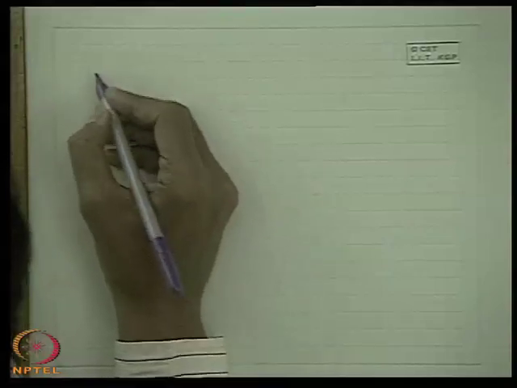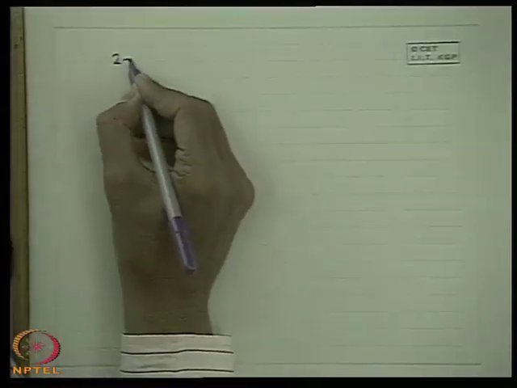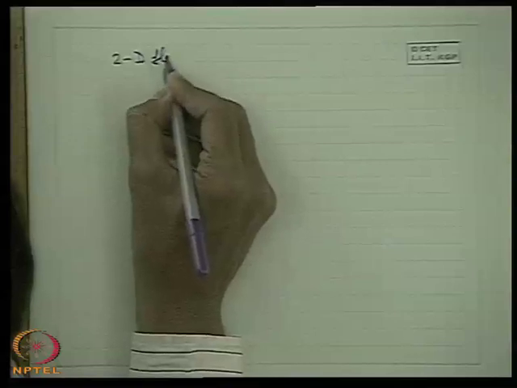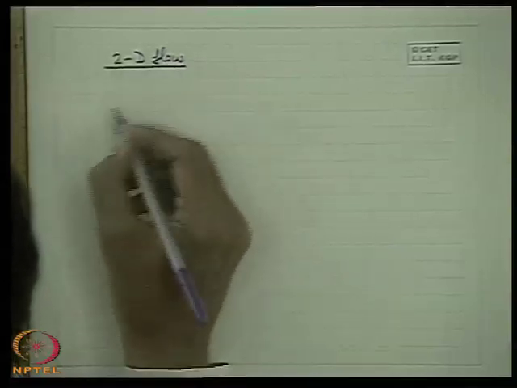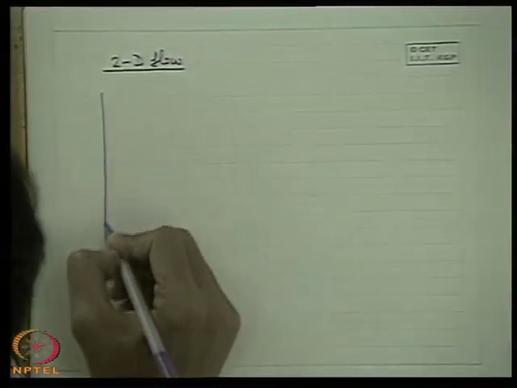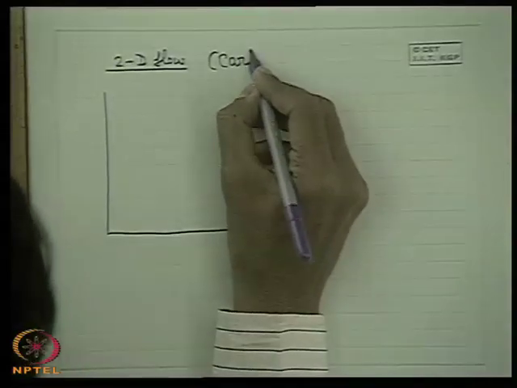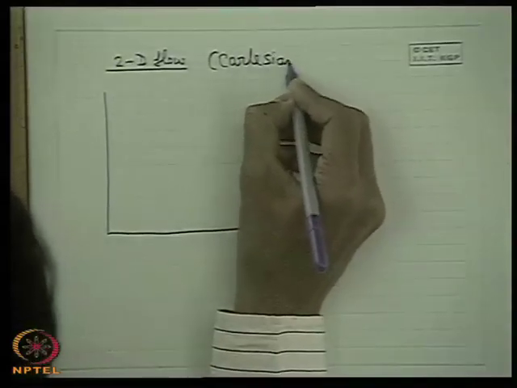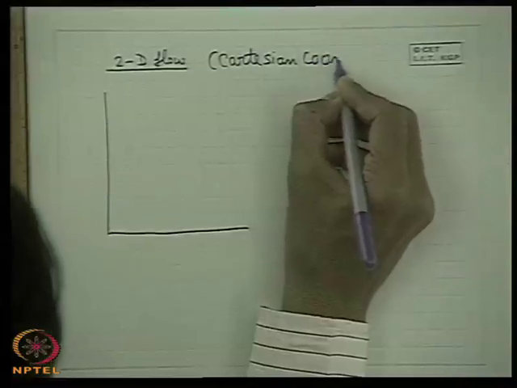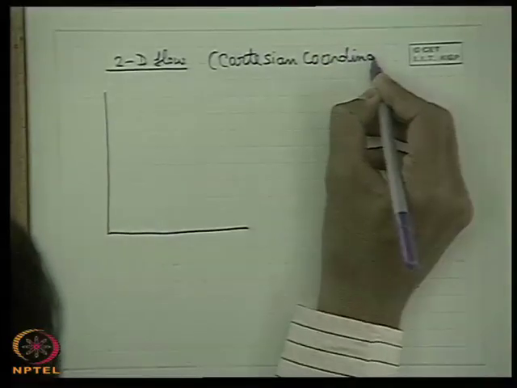Let us first take a two-dimensional case, a two-dimensional flow in a Cartesian rectangular coordinate system.